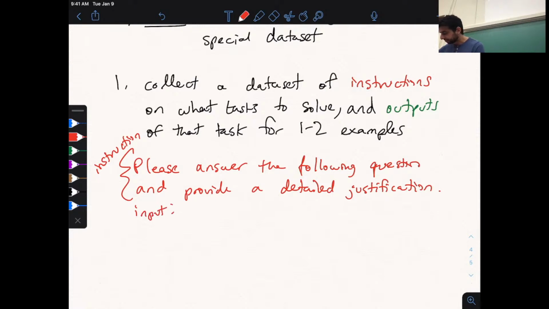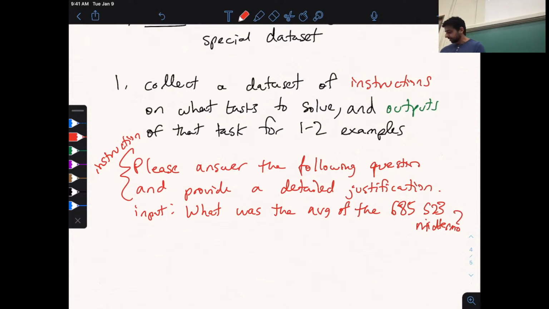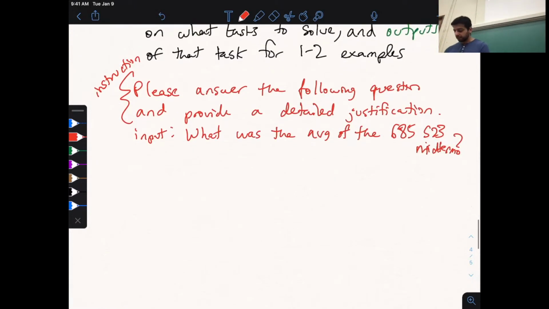Input: what was the average of the 685 Spring 23 midterm? Now you might have the corresponding output, which is what the model needs to generate.